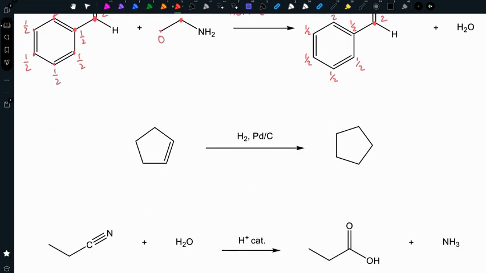If I look at the next one, I've got several carbons with an oxidation level of 0, but then I have 1/2 here for each of these alkene carbons. And in my product, everything is 0. So this would be a reduction.